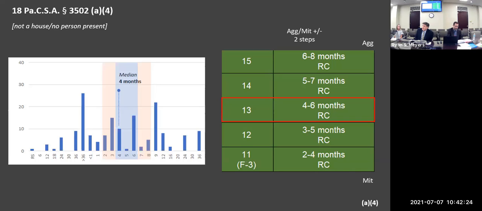And one of the things that we've talked about throughout this process is when you have a really common event, when you have a really common use of something, or that reason continues to be used as a reason for mitigation, why not build it into the guidelines and basically codify that? Say, okay, that's a one-step decrease. So it's no longer a mitigated sentence because you've basically built it in as a one-step decrease. So you've taken mitigation off and you've said, now we know why that's that value.